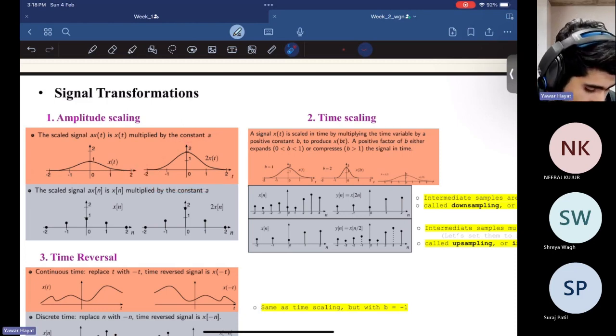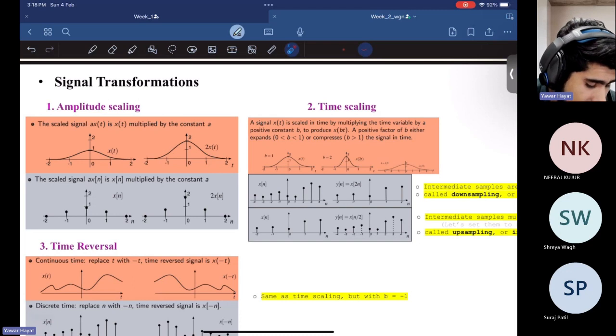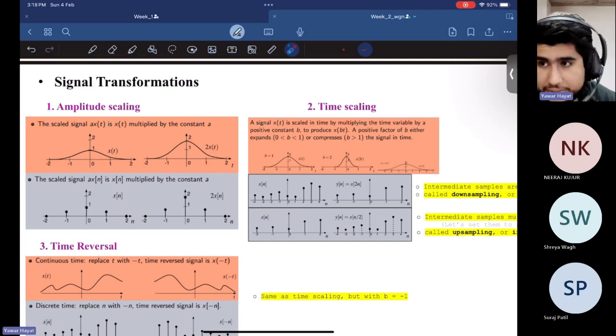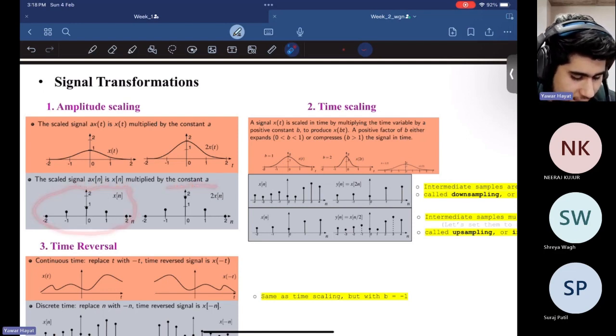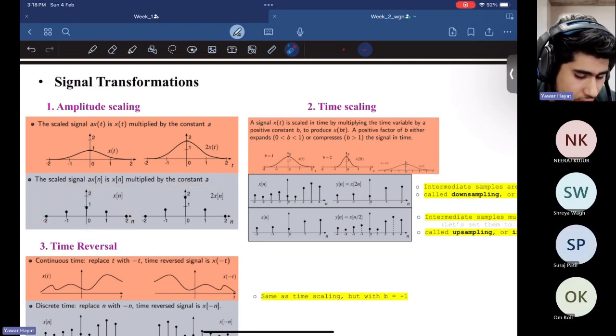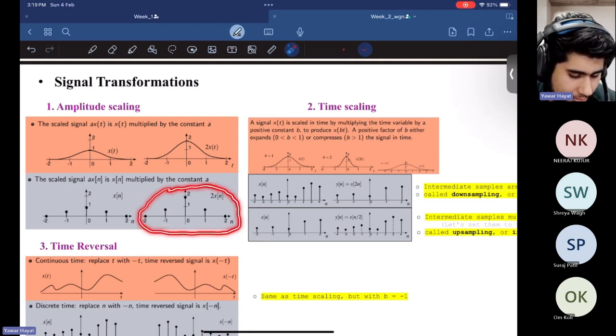I'll move forward. Likewise, we have this amplitude scaling operation for a discrete signal as well. So the scaled signal a times x of n is this x of n signal multiplied by this constant a. Suppose this constant was 2. In this case, we would get this signal 2 times x of n.